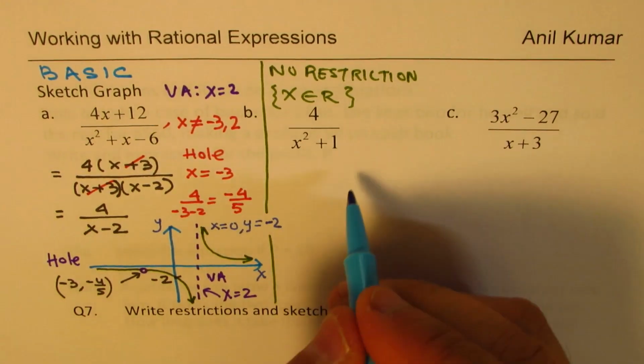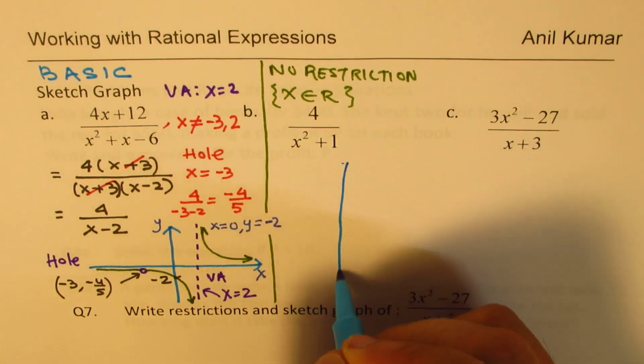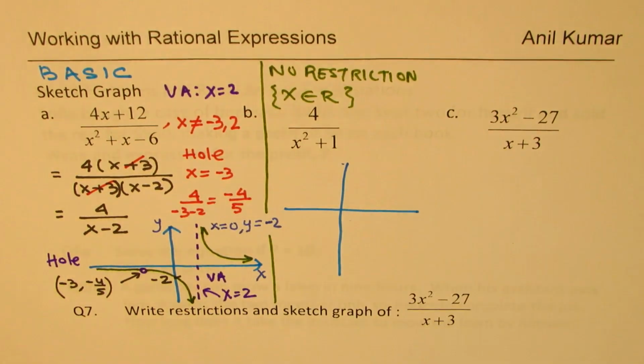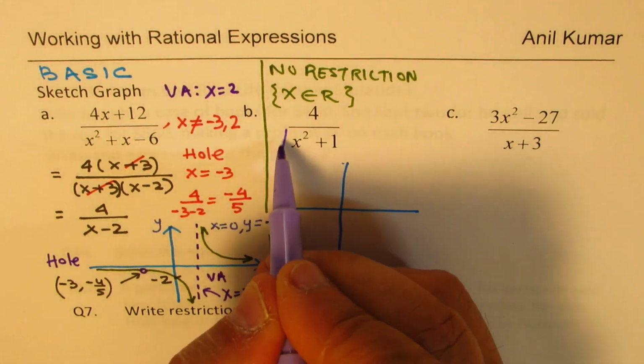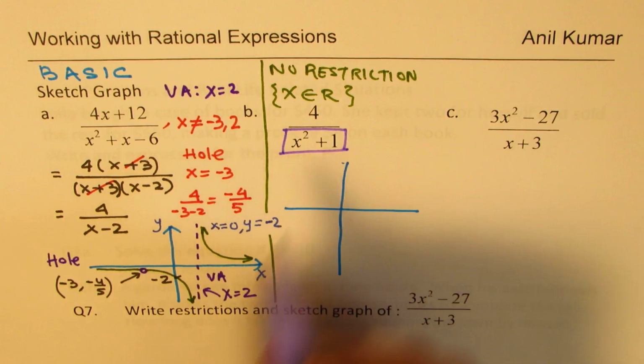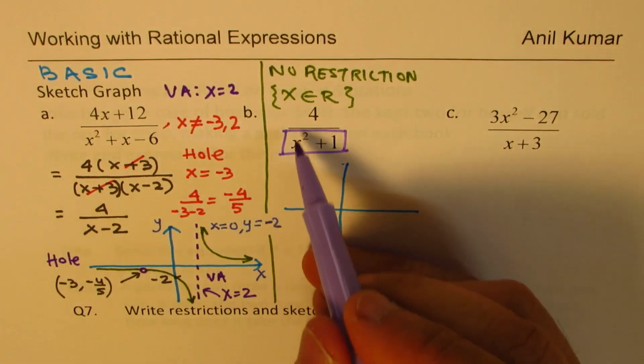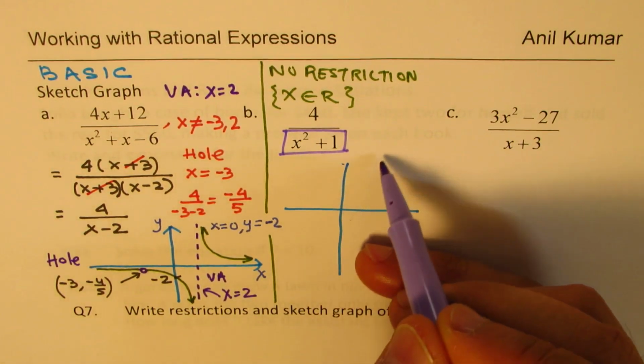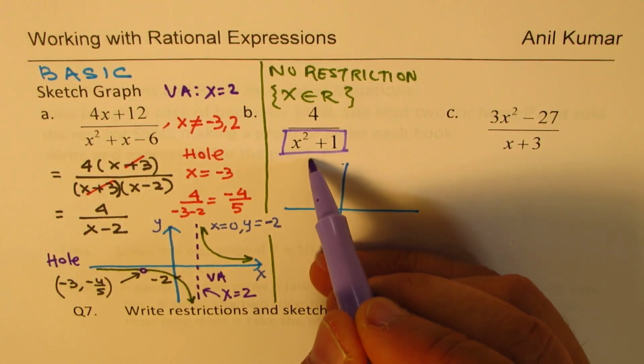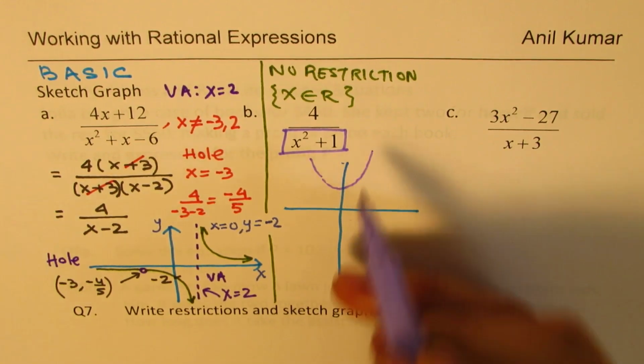So in such a case, we'll sketch it using a different technique. Let me first do the first part of sketching, x squared plus 1, which will be a graph like this.